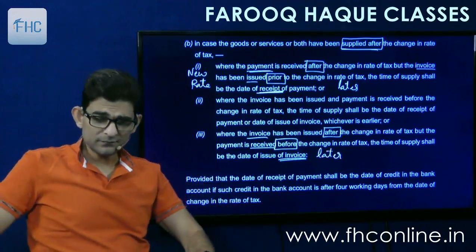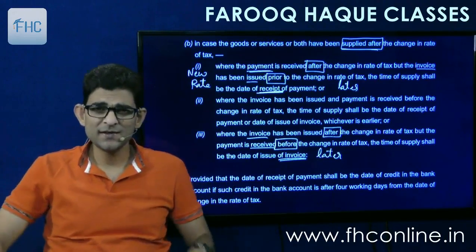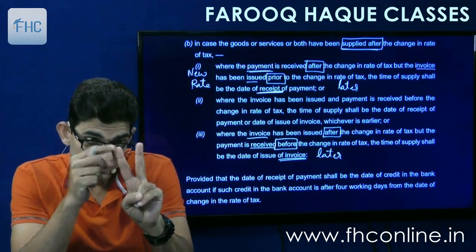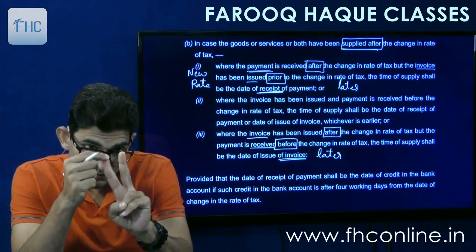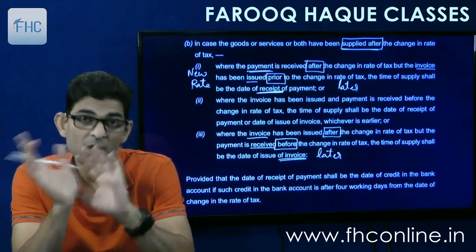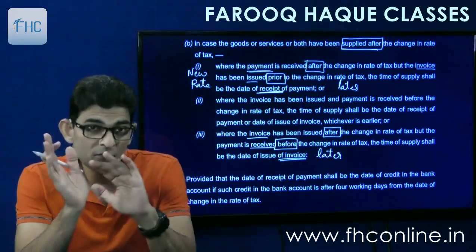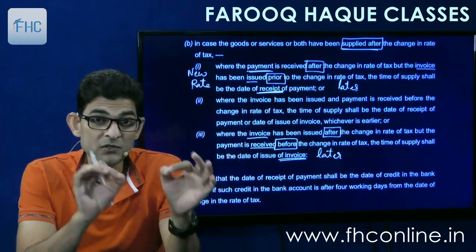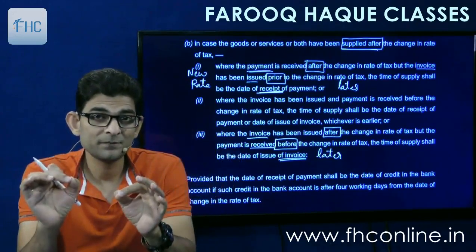So clause 1 and clause 3 are same. Only thing is, out of these two variables, the invoice and the receipt, one is before and the other is after. So if one is before and one is after, you'll apply the rule whichever is later.